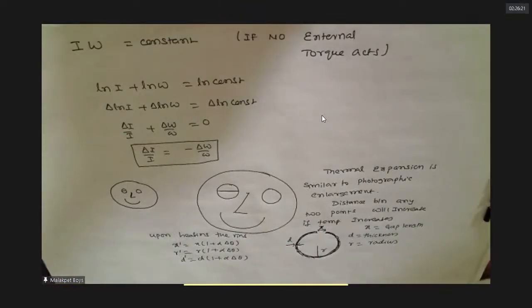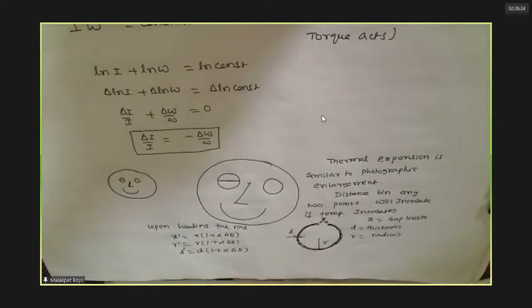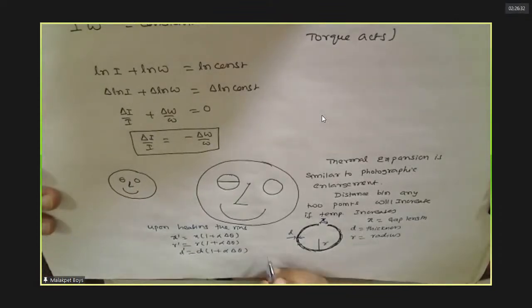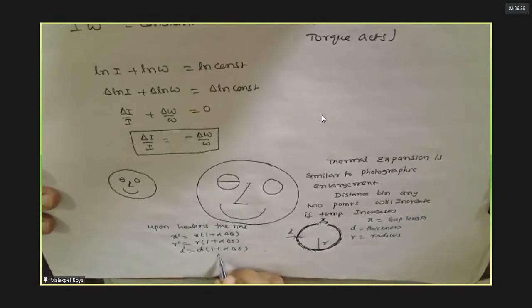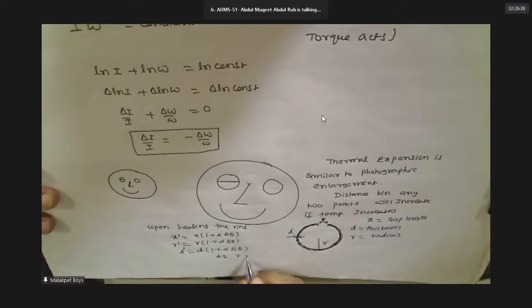Everything will increase. Understood this? Now, generally, you'll think this will increase so this will decrease, nothing like that. Obviously, since r increases, even the circumference increases, no?